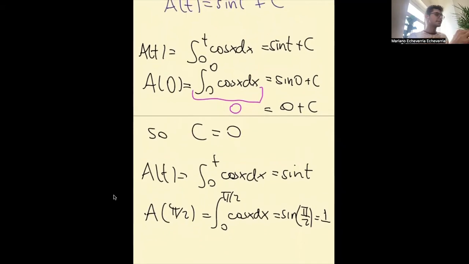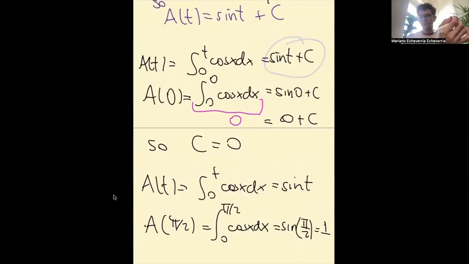That's what I was arguing, that in principle there was a plus c at the beginning, but if you evaluate it at 0, you get 0 here, and sine of 0 is 0. So you can actually realize that the value for the constant had to be 0.